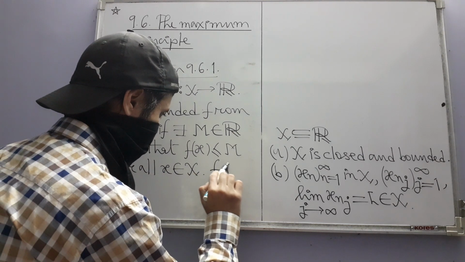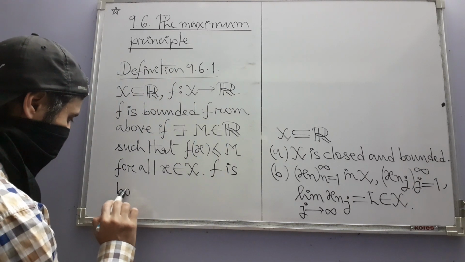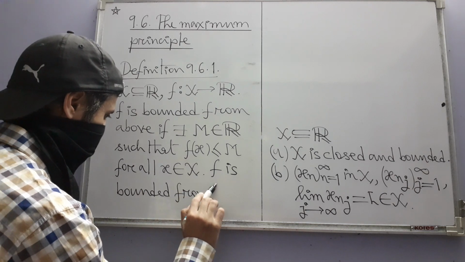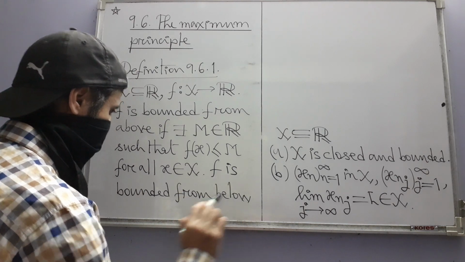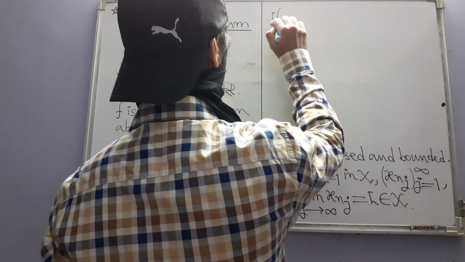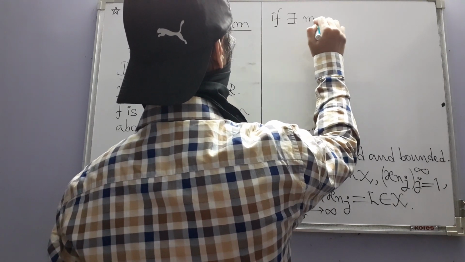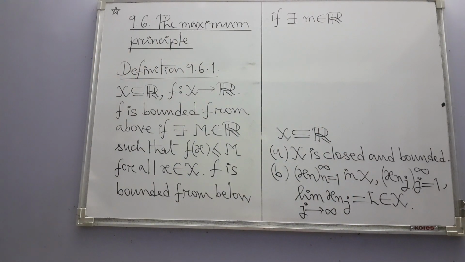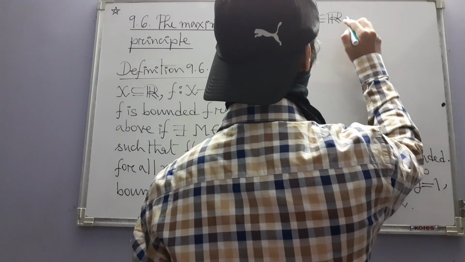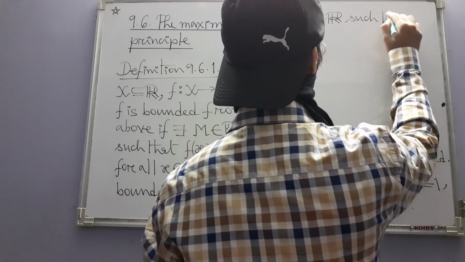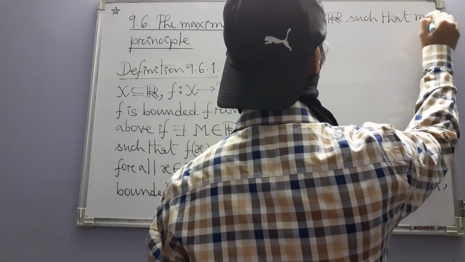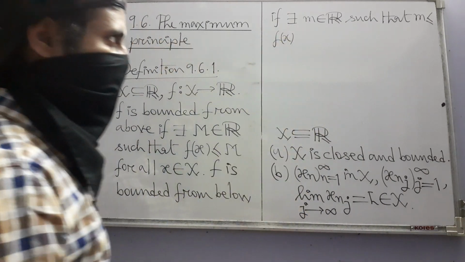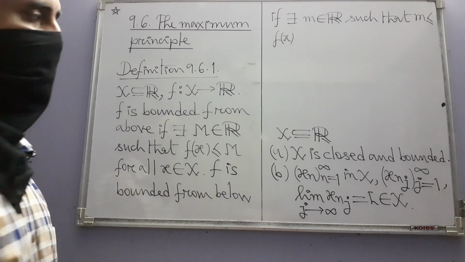Similarly, F is bounded from below if there exists a real number, small m, let us denote it by small m, such that this time all the functional values are bounded from below by that small m.